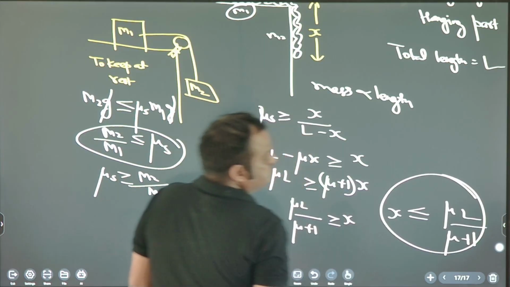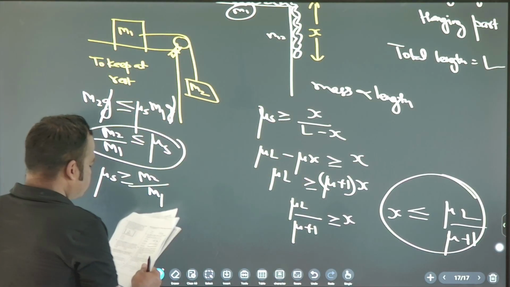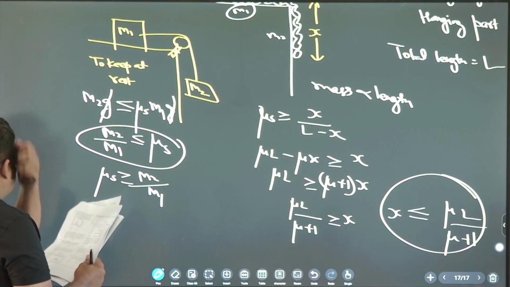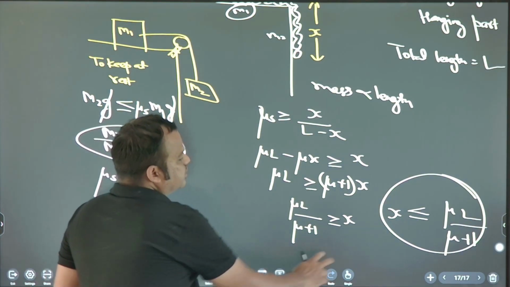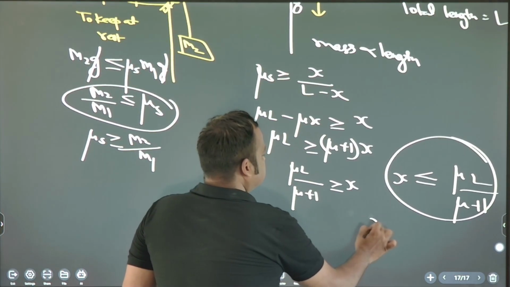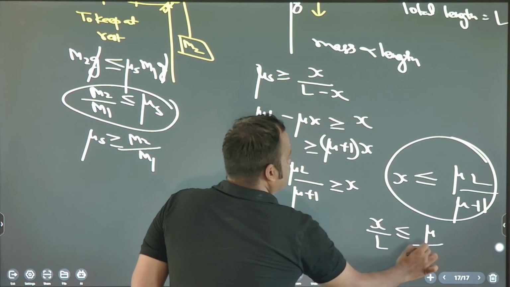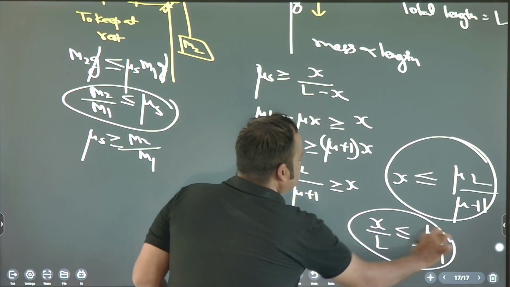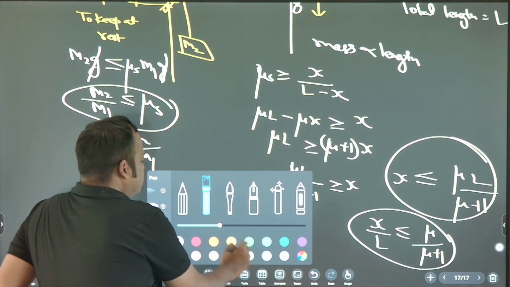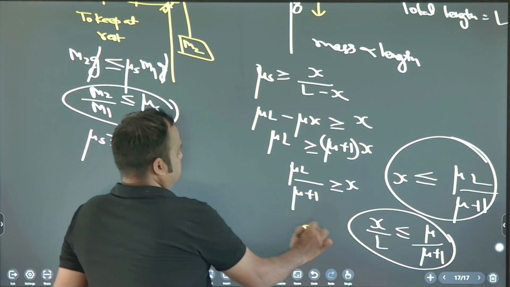This is the formula. And the fraction, what is the fraction? X by L, so mu by mu plus 1. This is known as the hanging fraction.